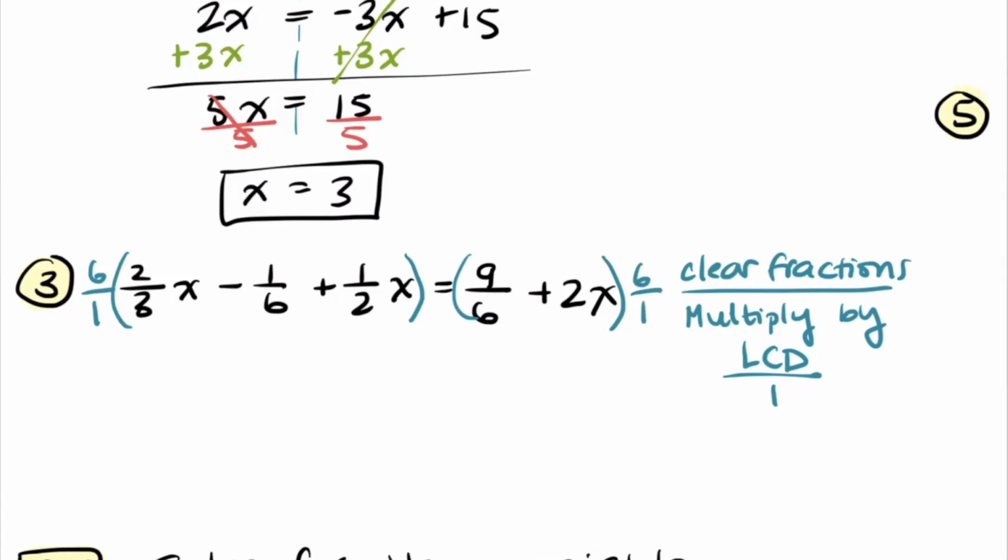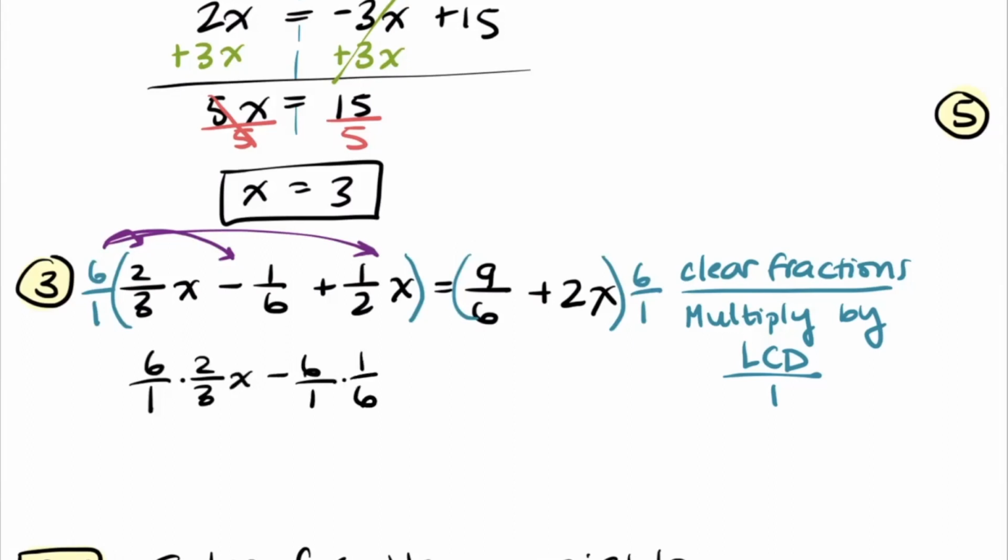Now what that's going to do is force me to distribute this into the left side. So when I write this out, I'll have 6 over 1 times 2/3 x minus 6 over 1 times 1 over 6 plus 6 over 1 times 1/2 x.